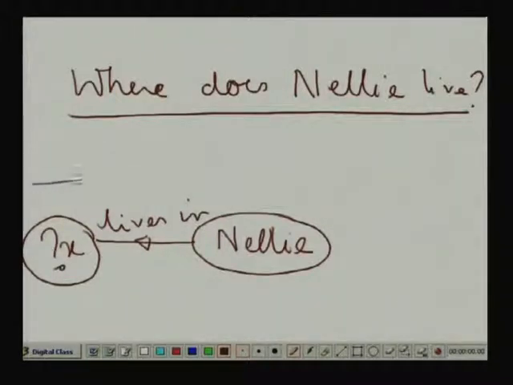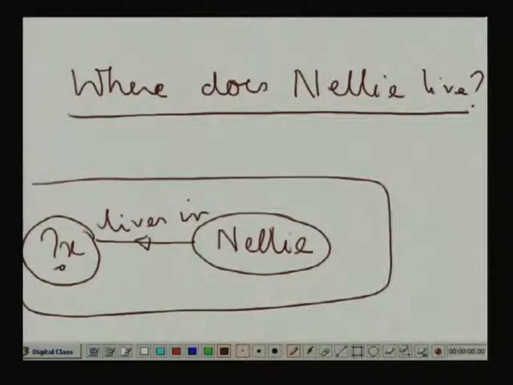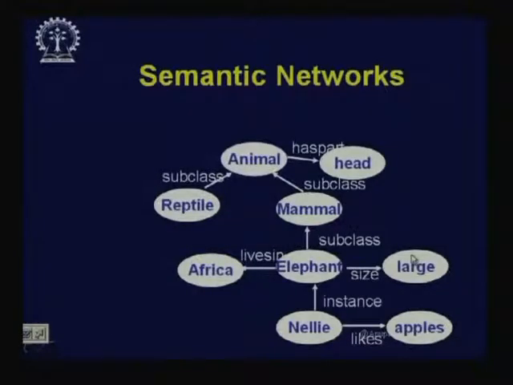So, this is my query semantic net, which you can think of as a template with which I am going around in the semantic net and trying to find the best match. With this query I start my journey along this semantic net. Unfortunately, I do not find a match here, because I am not finding any arc coming out of Nelly.